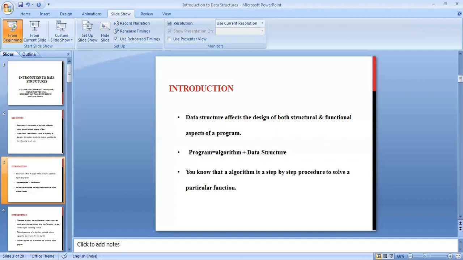Primitive means that it is a basic data structure. We can store only one value at a time. That is a primitive data structure. These are basic structures and are directly operated upon by the machine instructions.